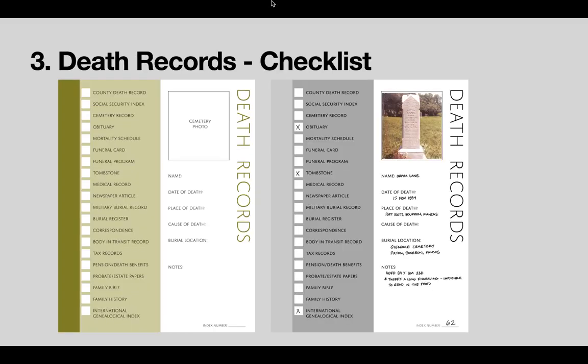Number 3, death records checklist page. So when I first created pages, for those of you who don't know the backstory, I created genealogy pages to use myself and then used them for more than a year before it occurred to me to consider selling them and seeing if anybody else was going to be interested. So when I made pages, I made a lot of them with these checklists down the side.